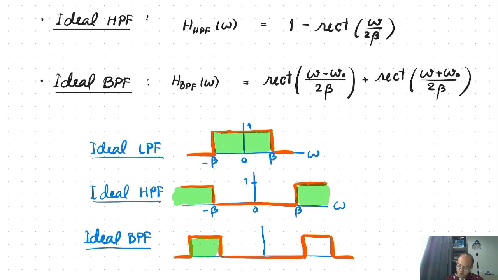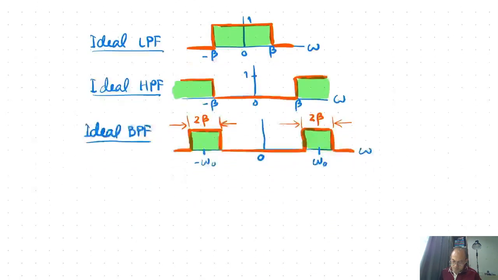The rest cannot. The rest are blocked. This is omega here, and this is omega 0, and this is minus omega 0. Okay, and this is 2 beta. This is also 2 beta. Okay, ideal bandpass filter.